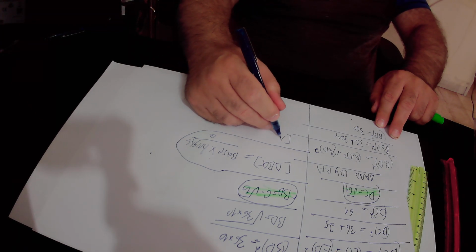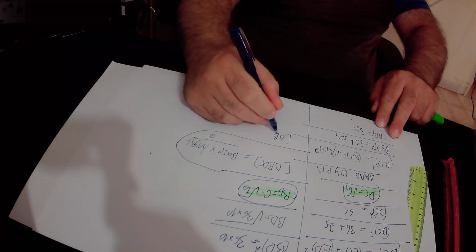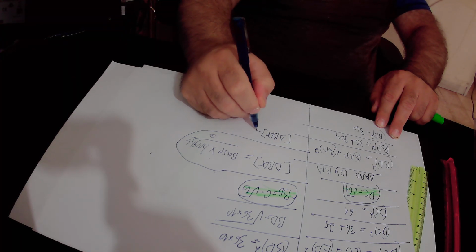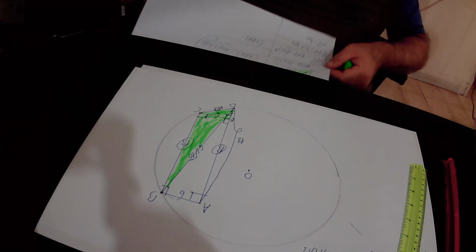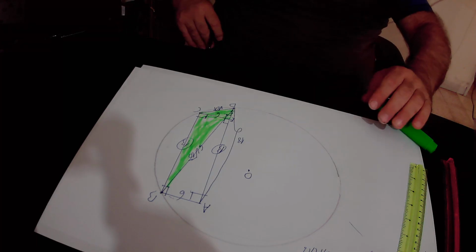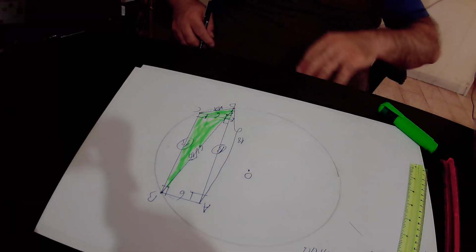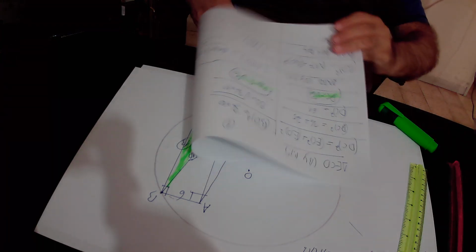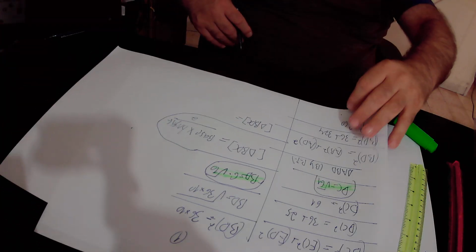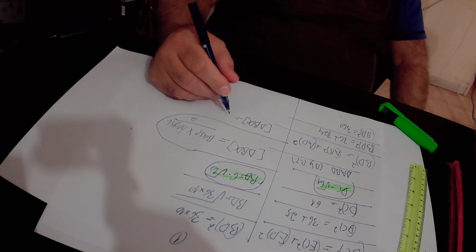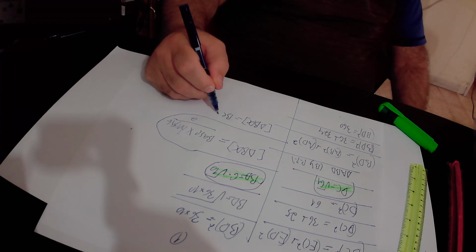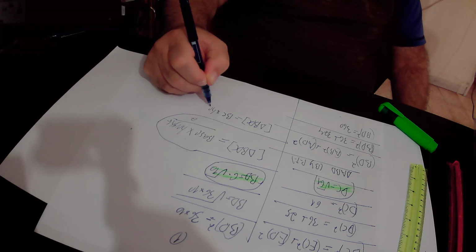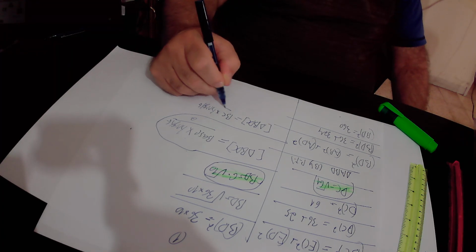So the area of the green triangle BDC equals the base of the triangle. We will choose the base as BC. So the base is BC according to our selection, times the height over 2.